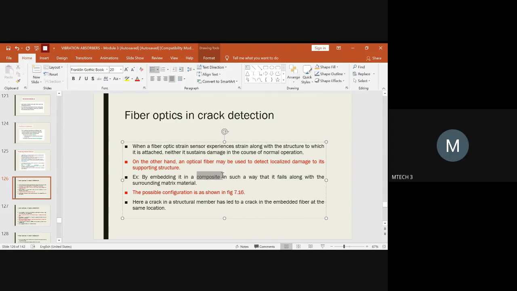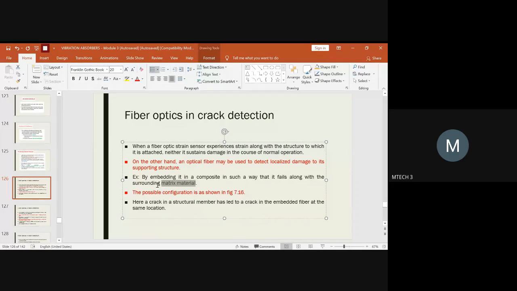When you make a composite material, it usually has a matrix material. If the matrix material surrounds the composite and you have embedded fiber optic sensors in this composite, which you call a smart structure, then if anything happens to it, it could identify how the composite has failed.